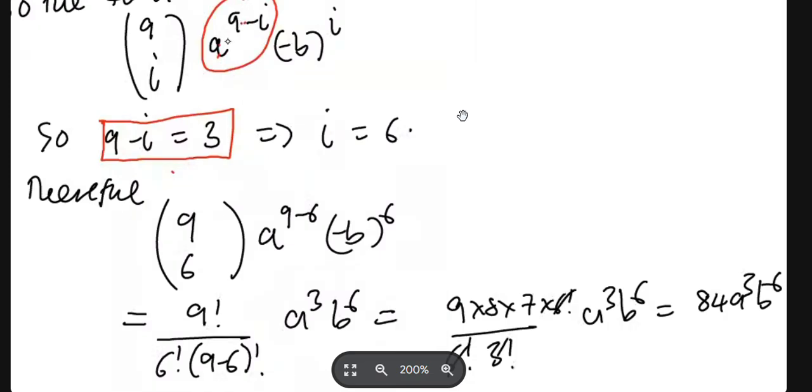But here we have the power of a to be 9 minus i. So we're looking for the value of i so that this whole expression is 3. Hence we said 9 minus i is equal to 3. And then we got i is equal to 6. You see it? No, sir. Then you find time to go through, madam. Okay.